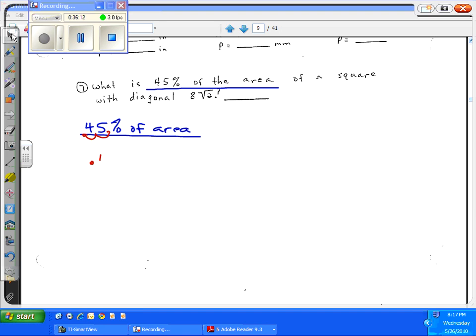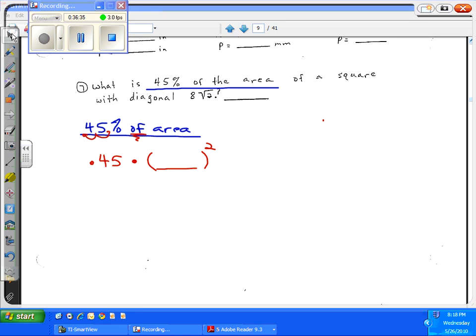Well, you multiply it by the decimal value of it, 0.45. Of means times. So 45% of the area of a square, which is side squared. So if we can find the side and square it, multiply by 0.45, we'll find 45% of the area.